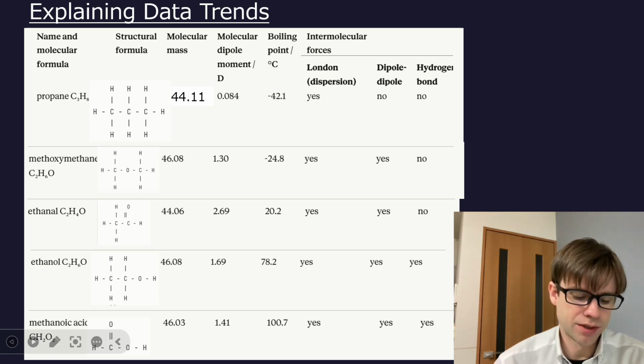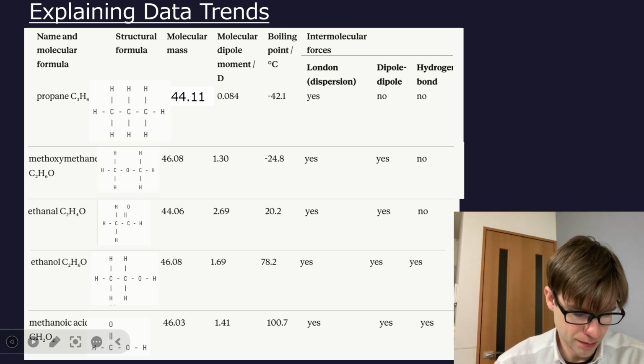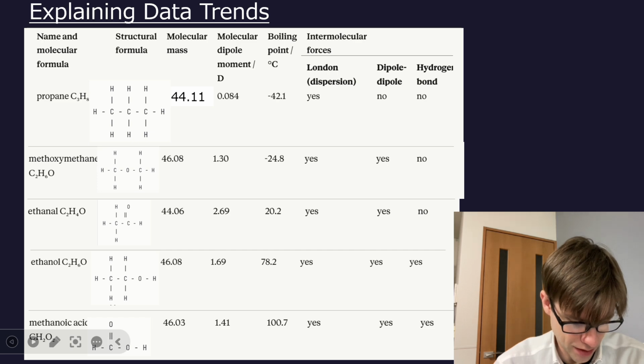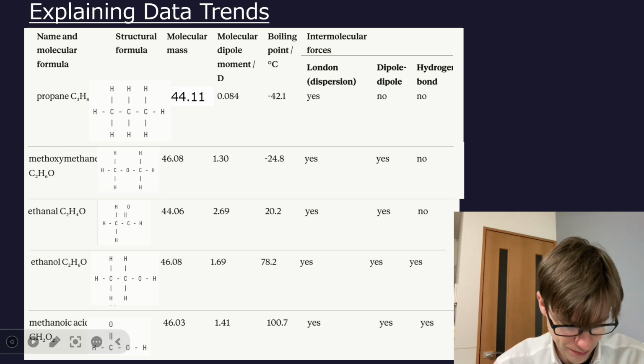So I think the point of this table is that all of these compounds that are given here, propane, methoxymethane, ethanal, ethanol, methanoic acid, have very similar molecular mass. It's around 45, between 44 and 46.